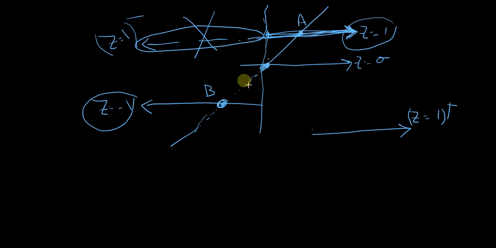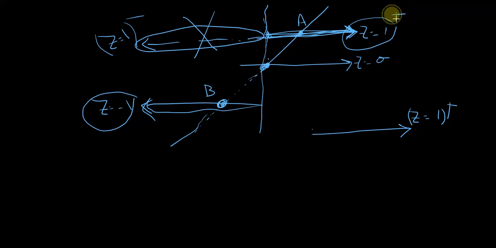As I said, this slope is now a line, I extended it into a line, but now z equal 1 and z equal minus 1 are half lines, and that is not satisfactory.